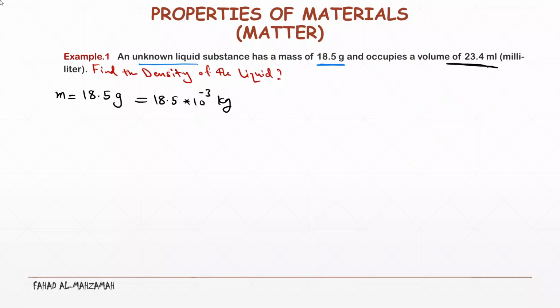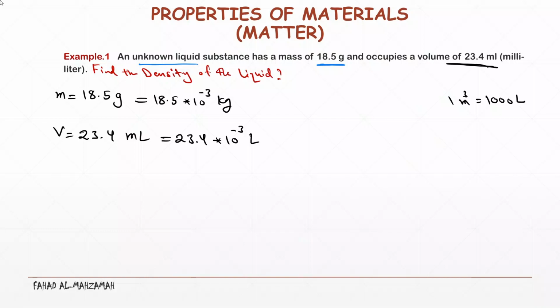So here we have the mass and we have the volume, V equals 23.4 milliliter, which is equal to 23.4 times 10 to the power minus 3 liter, and we know that 1 cubic meter is equal to 1000 liter.